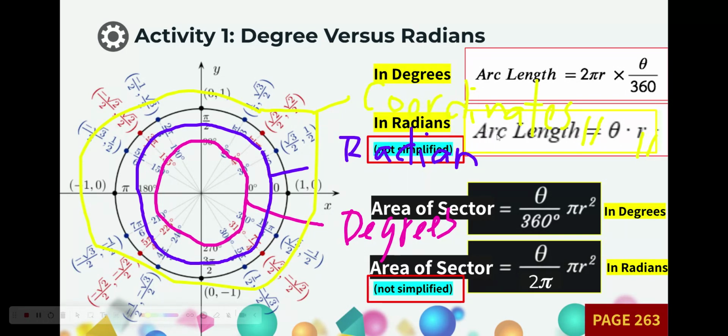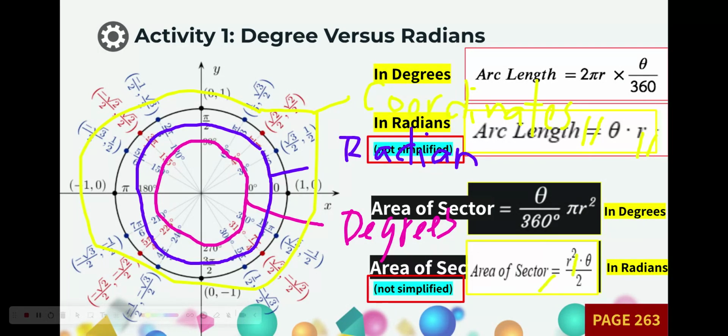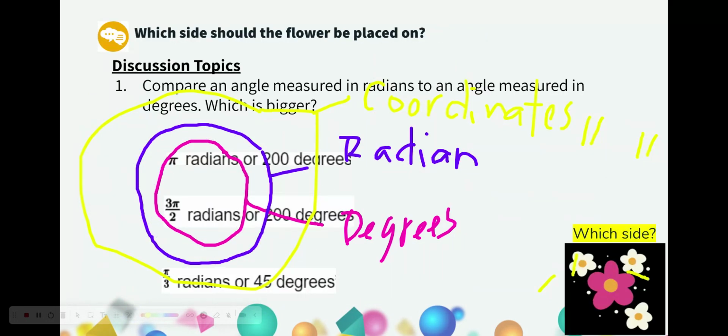So the simplified value of the second arc length in radian is theta times r. Now, the area of a sector is also not simplified. Why? This can be canceled. So what remains is only r squared times theta over 2. So this would be the actual formula in finding the area of a sector in terms of radian. I hope you understand.